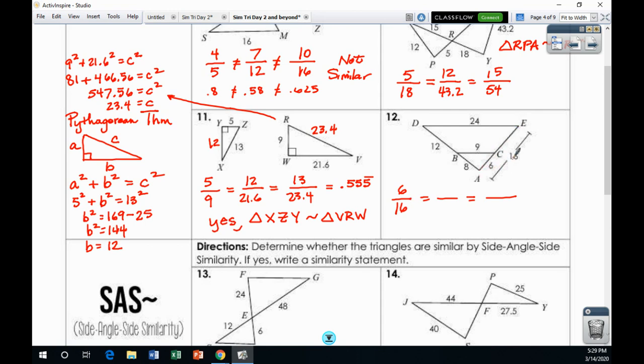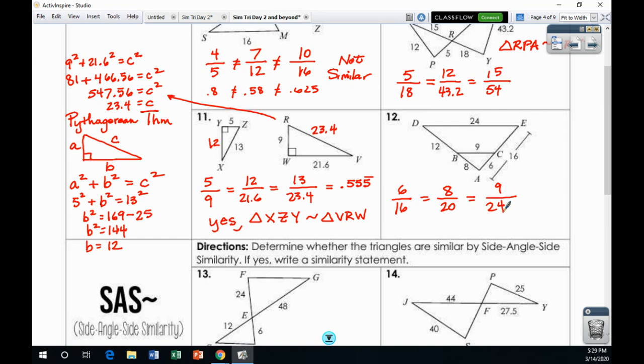So 6 over 16. And then we would say 8 over, well, this would be this whole side. So this whole side is 12 plus 8, which is 20. So 8 over 20. And then the third one is 9 over 24. Those are corresponding sides. So you got to make sure you got corresponding sides in these ratios.